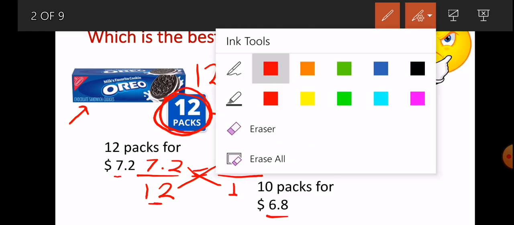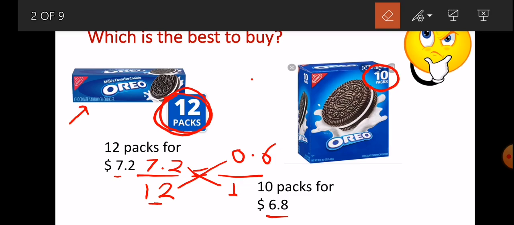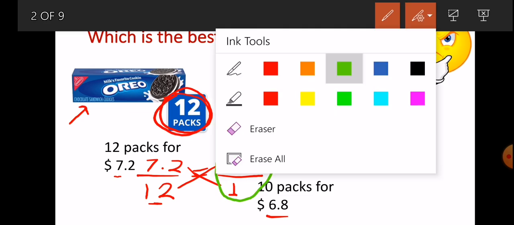What is the meaning of the answer 0.6? Let me erase this so you will not have a lot of writing. So this means that one pack will cost 0.6 in this offer. Clear? Now let's see the other offer to compare them.